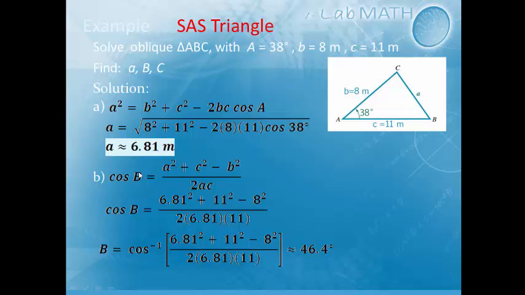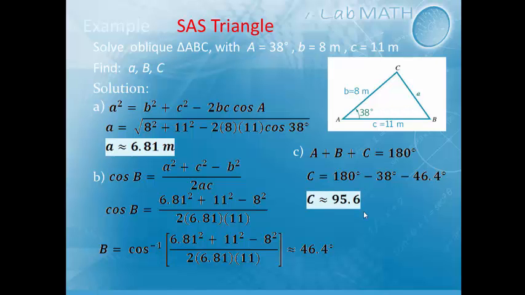Actually, you can use the sine law already, if you were able to solve for A, if you don't like to use cosine law. And since two angles are known, you can use the theorem that A plus B plus C equals 180, and that angle C is approximately 95.6 degrees.